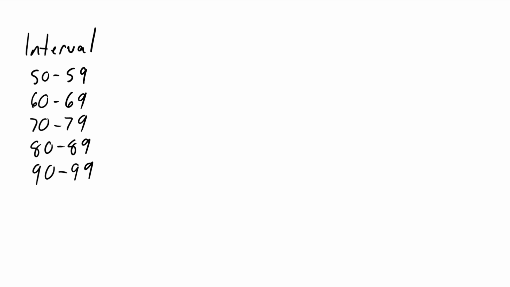So then we've got the frequency. The frequency is how many people fit into that interval. So let's say we had 2 people in the 50 to 59 interval, 14 in the 60 to 69, 24 in the 70 to 79, 18 in the 80 to 89, and 7 in the 90 to 99.